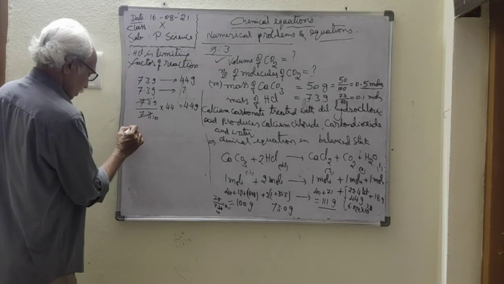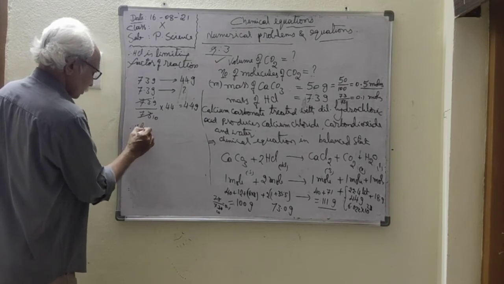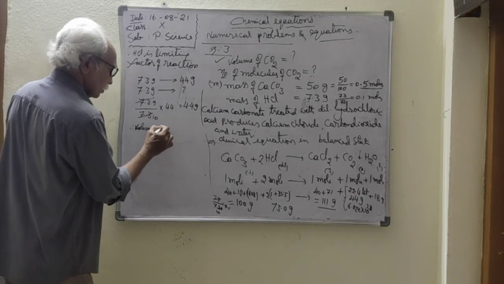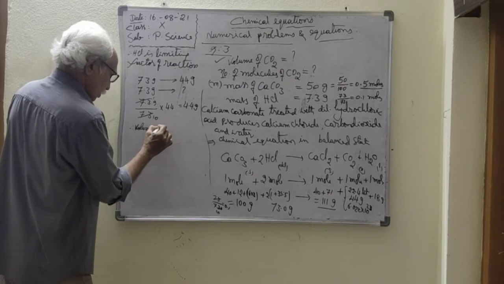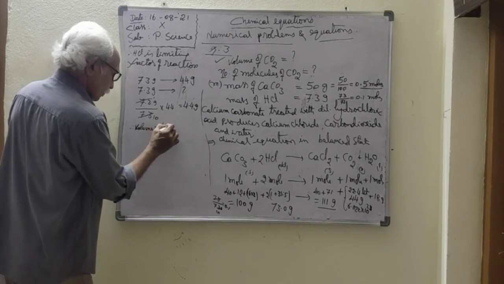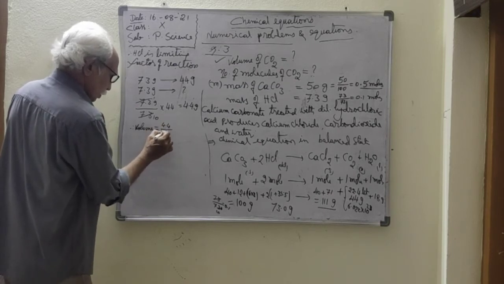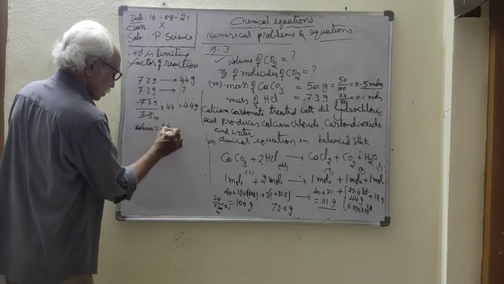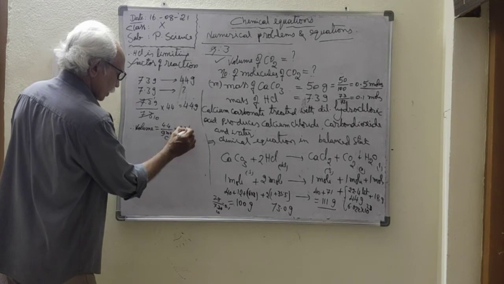So volume is equal to 4.4 by the gram molecular weight of CO2 into 22.4 liters.